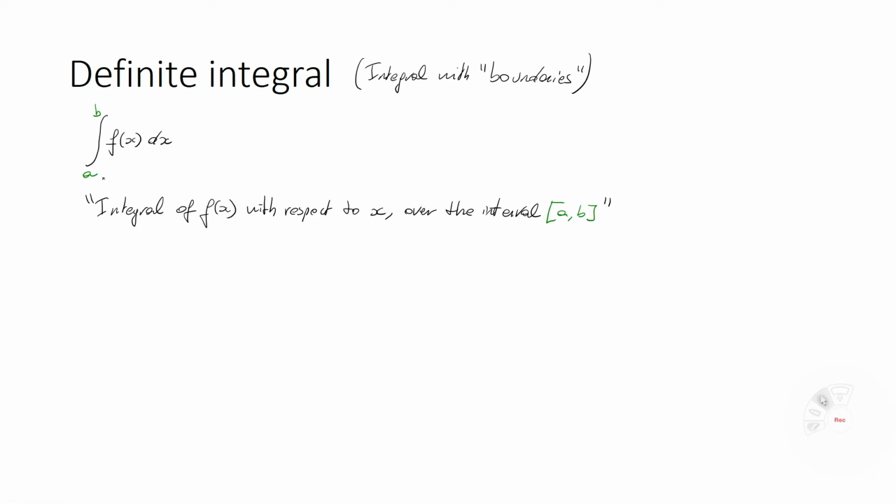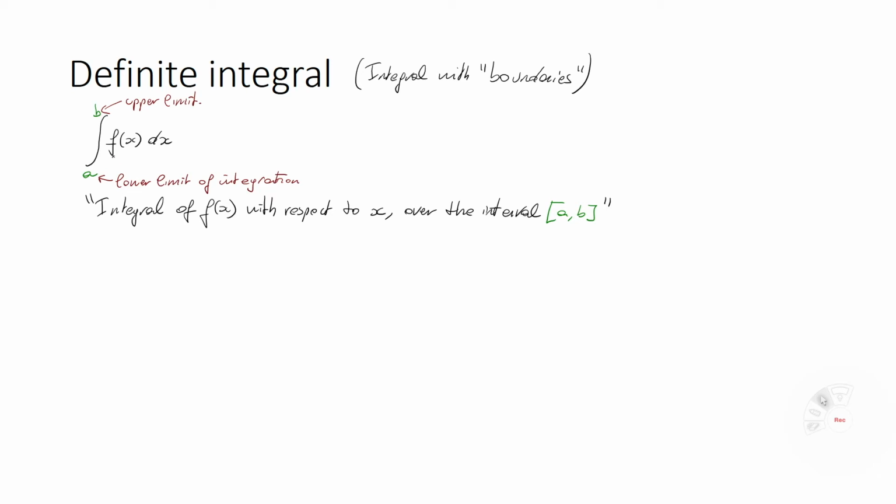And so to unpack this notation just a little bit more, this a we will call the lower limit of integration, and then likewise the b is the upper limit of integration.